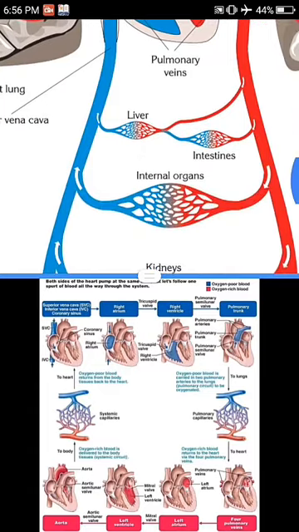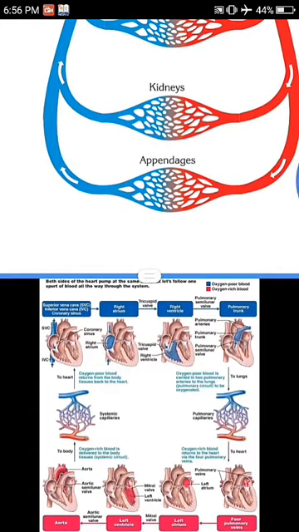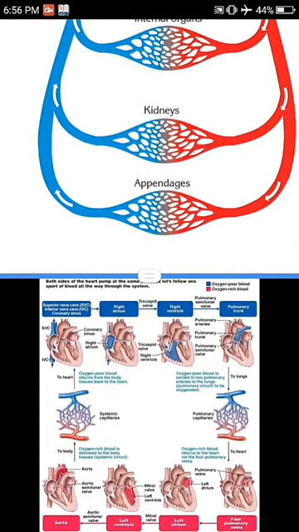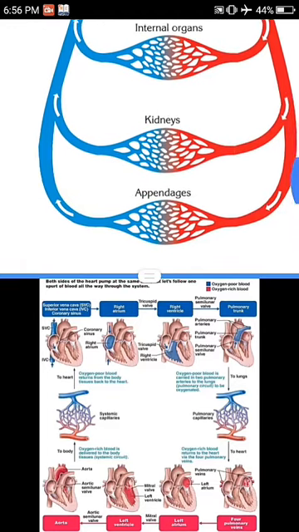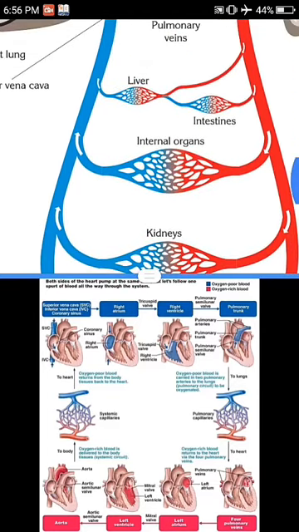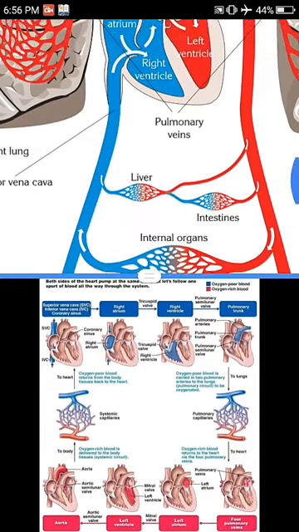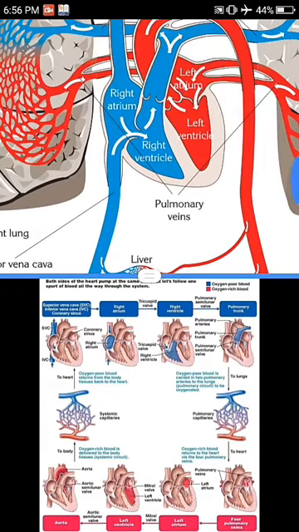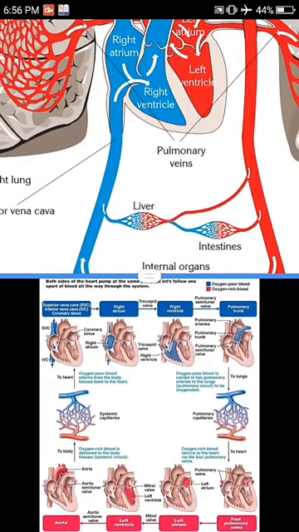So this is the circulation cycle of the heart. The blood travels to the appendages, the kidneys, the internal organs of the body, intestines, liver, where the rich oxygenated blood meets the poorly oxygenated blood.